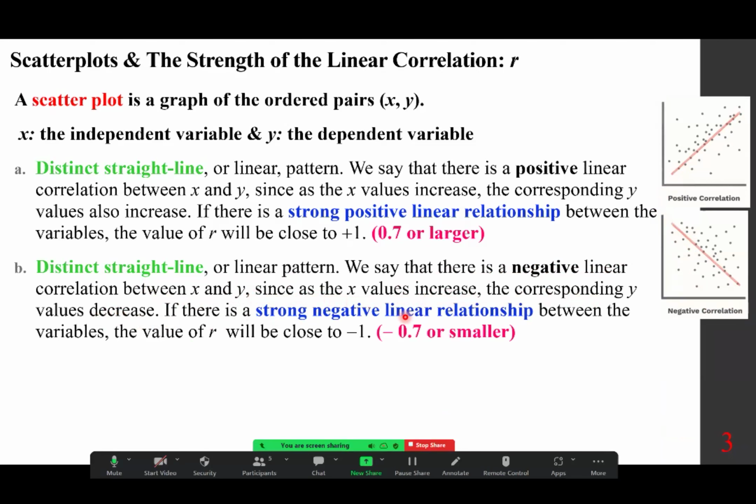If there is a strong negative linear relationship between the variables, the value of R will be close to negative 1, negative 0.7 or smaller. So a number between 0.7 and 1 refers to a strong positive linear relationship. A number between negative 0.7 and negative 1 refers to a strong negative linear relationship.